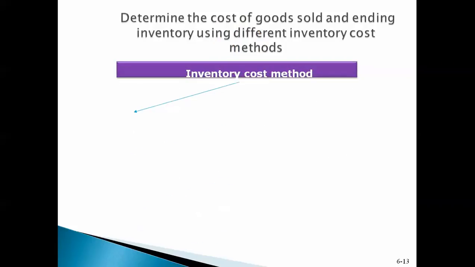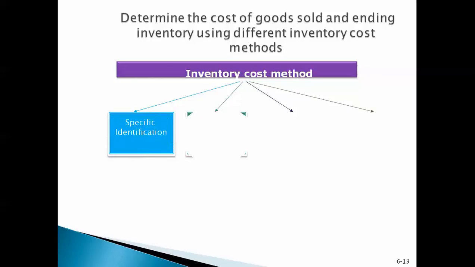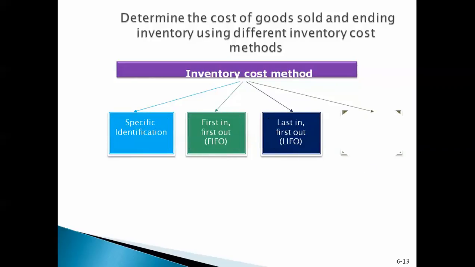So we get to choose from 3 approved methods. And those methods are specific identification, first in, first out, or FIFO. It's pronounced with a long I and a long O, FIFO. Last in, first out, LIFO, or average costing.